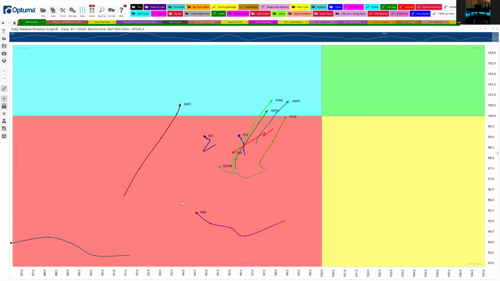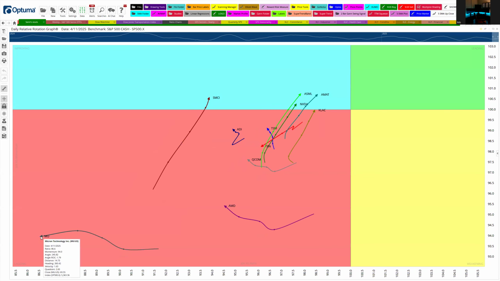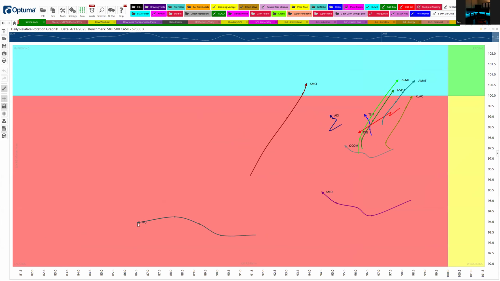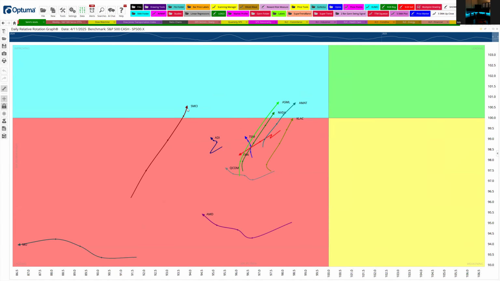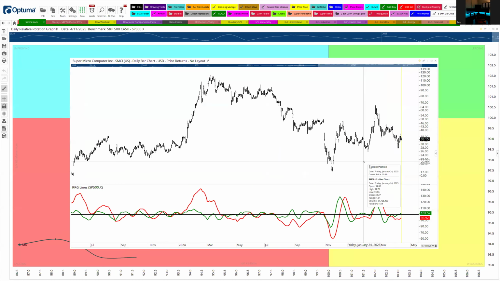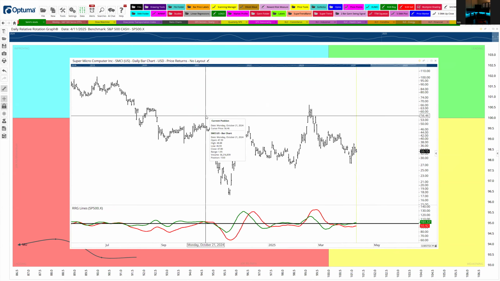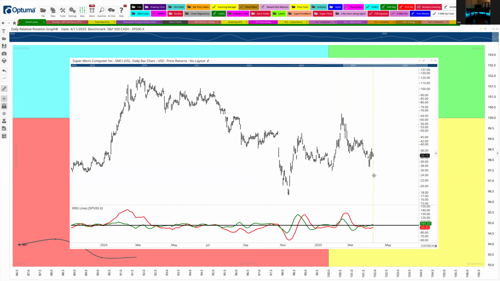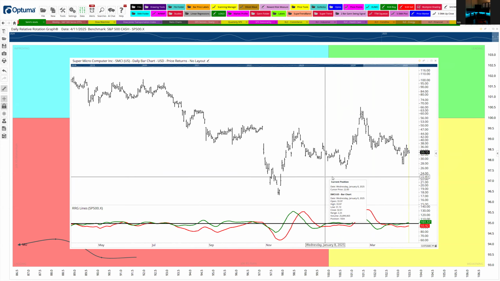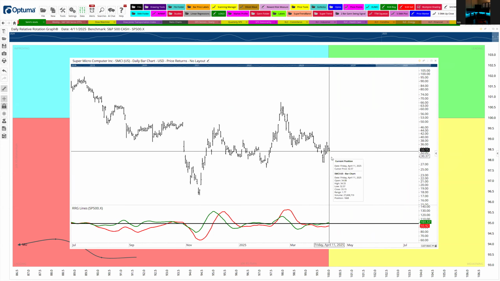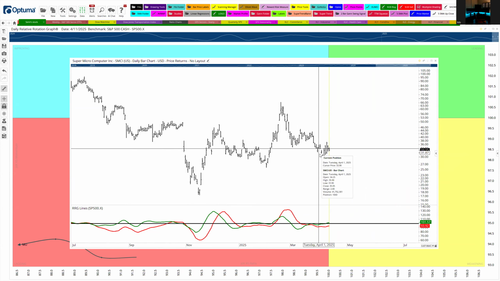Oh, not this one, no thanks. This one is pretty beat up. This is way down. SMCI looks good. Still kind of range bound. Looks like a three-way, some sort of 3-3-3.